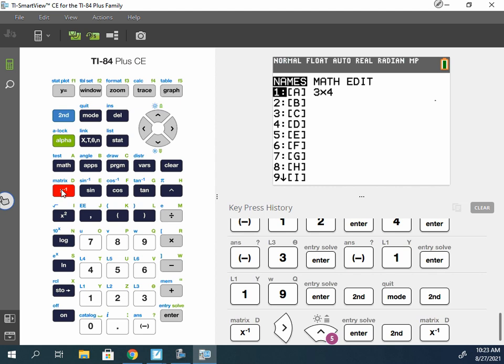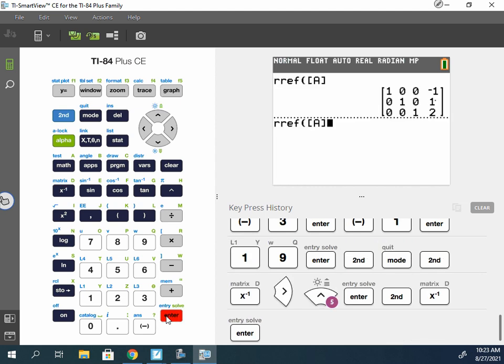Second matrix, enter to call up matrix A. If we plugged it in matrix B, we would scroll down one to B and select it, or C, and so on. And then at this point we can hit enter. And so the answer is? And that'd be our answer.